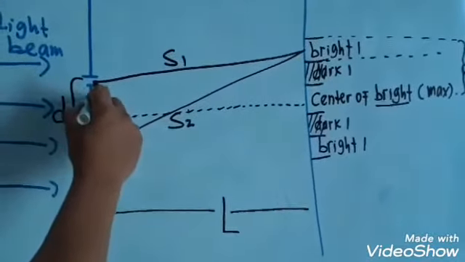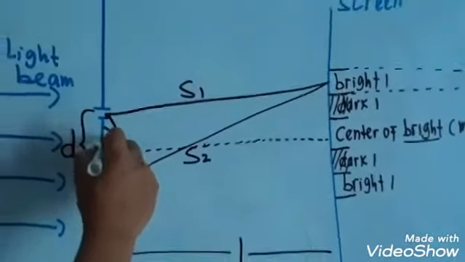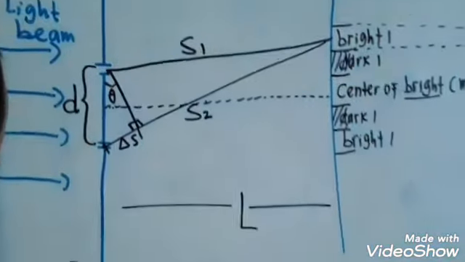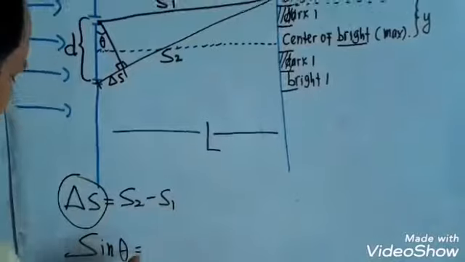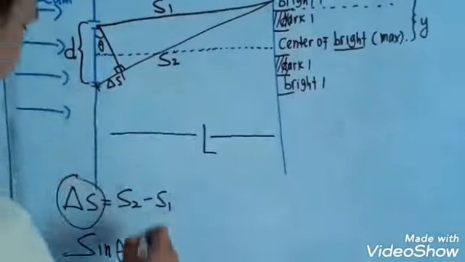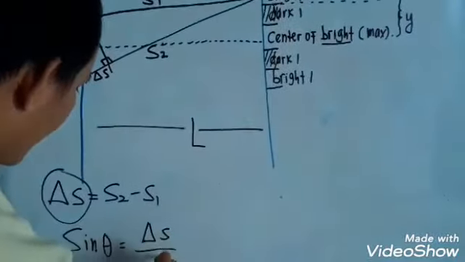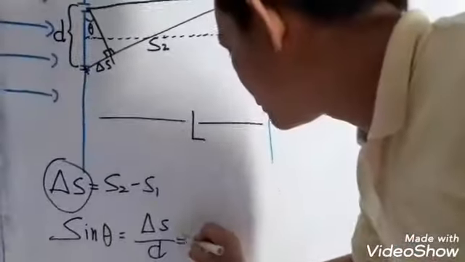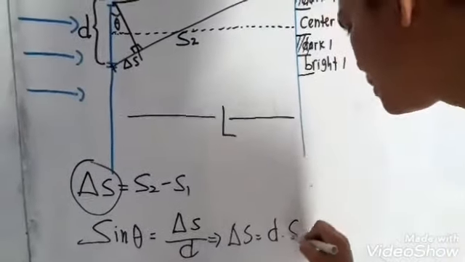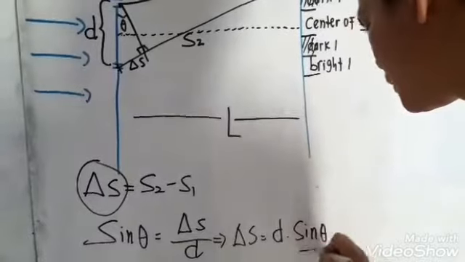And if we put the angle between them as theta, so sine theta is equal to delta S divided by d. So we can say that delta S is equal to d times sine theta.